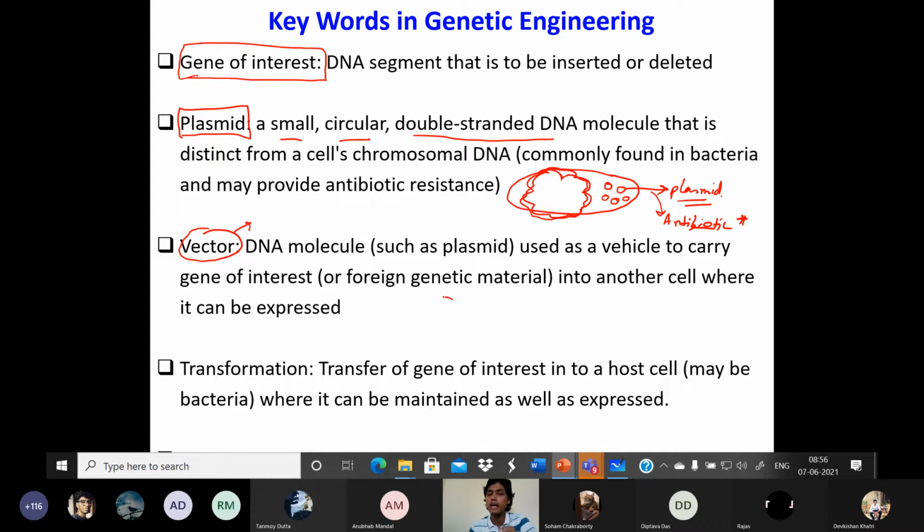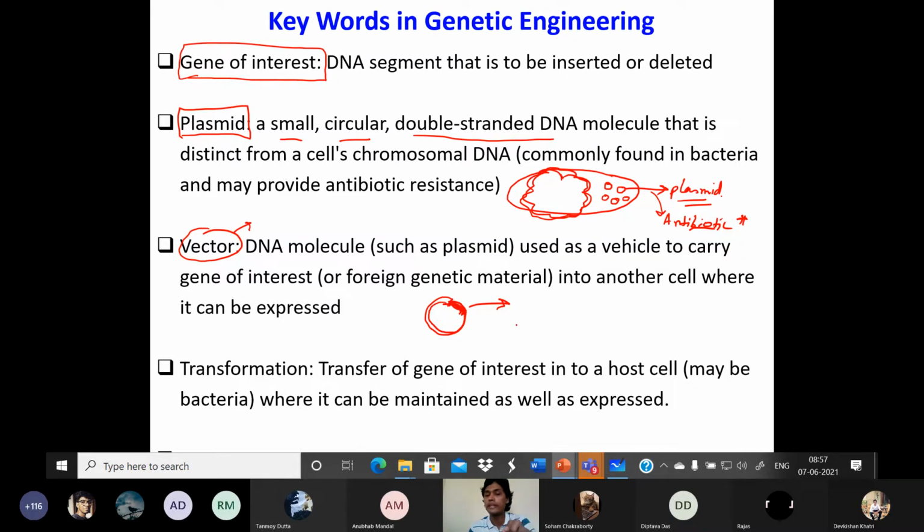So for example, plasmid is double-stranded DNA, and you can use plasmid as a vector. That means you can put some gene of interest inside the plasmid, and finally send that plasmid to some bacteria, and then your gene of interest will be expressed in the bacteria and you will get the product.